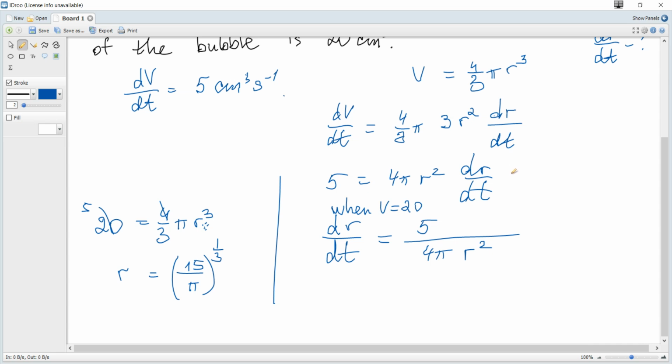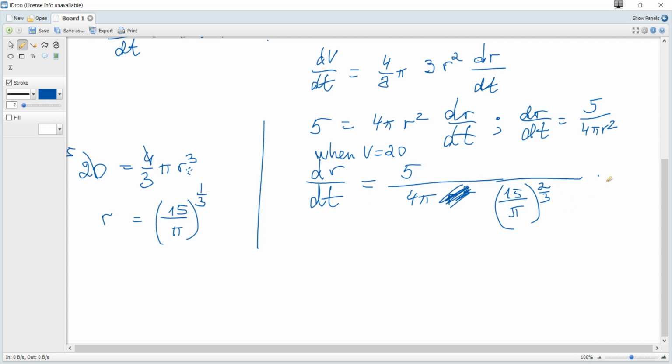Or we can rewrite that dr over dt in general is 5 over 4 pi r squared, and here we just substitute the required value of r, which is 15 over pi to the power 1/3, but it is squared, so 2/3. And you need just to calculate this, and it's the required rate of change.